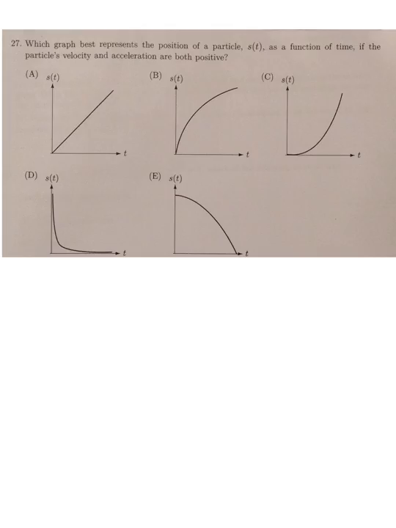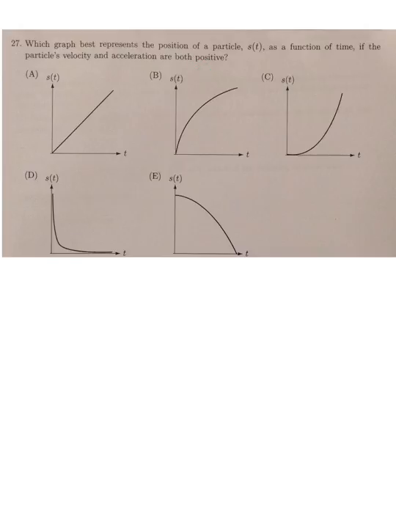Okay, the answer to number 27 is C. Now, they say that I'm looking at the second line, that the particle's velocity and the acceleration are both positive. So if the velocity is positive, that means the function is increasing.